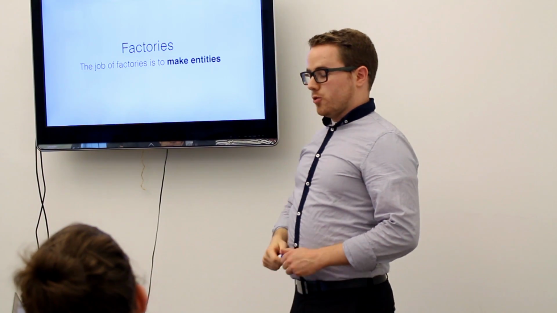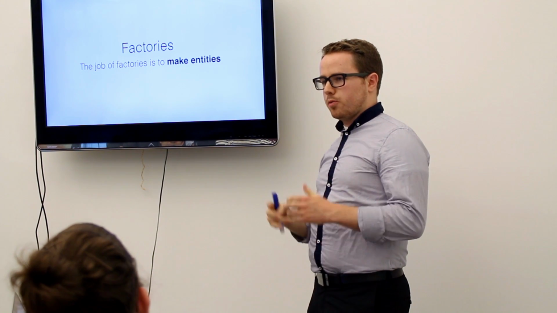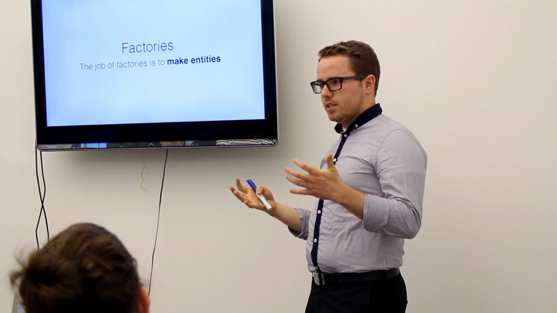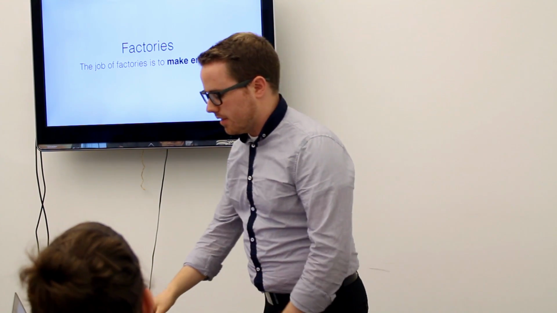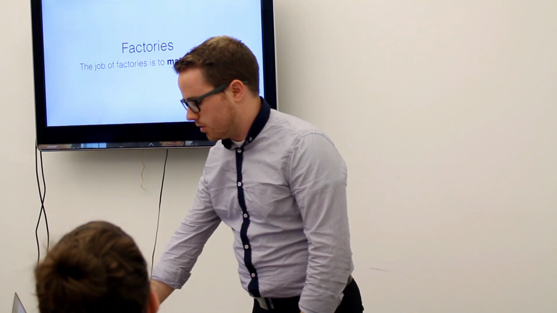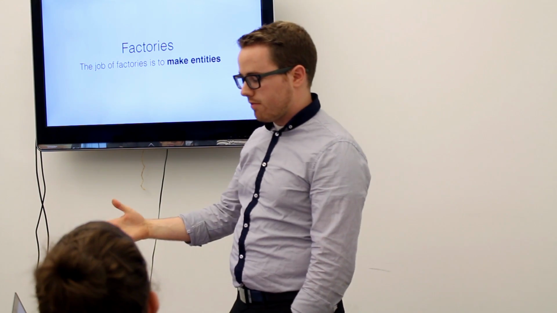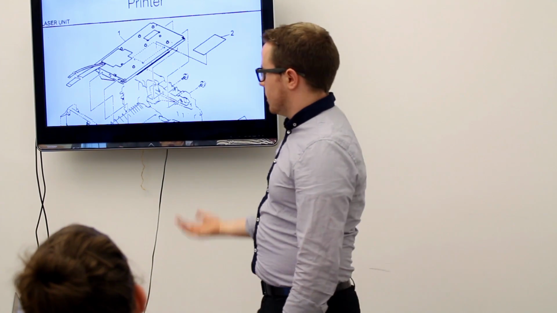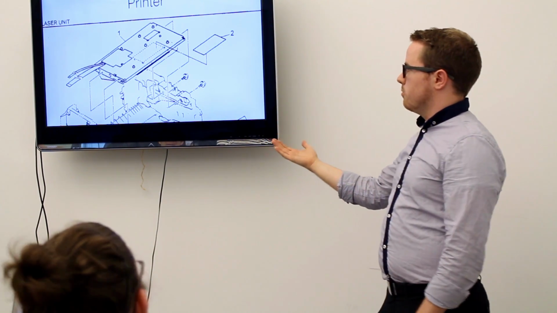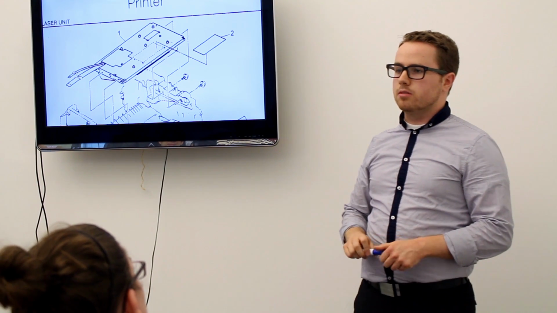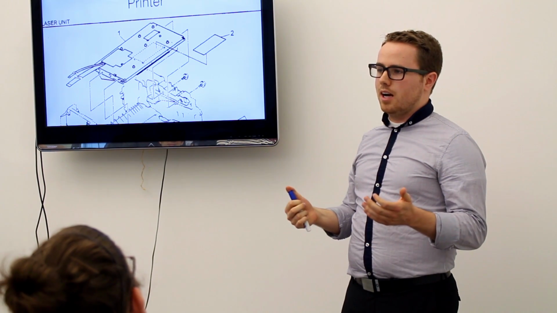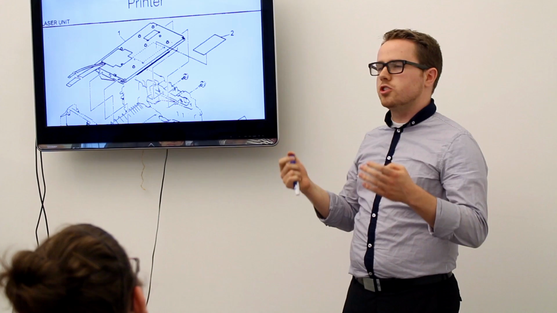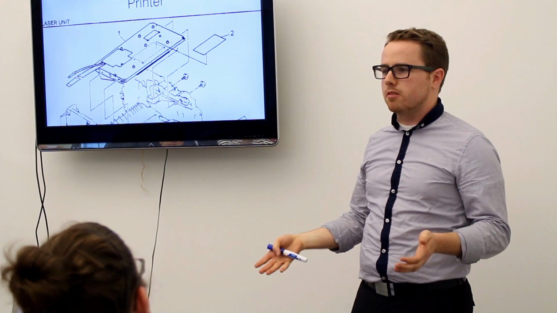Cool, so then we have factories. Factories are a pretty basic design principle, but they become a lot more important when you're talking about modeling. So the job of a factory is to make entities for you. Let's take the example of software that's built for printer manufacturing. The job of a printer is to put ink onto paper, right?